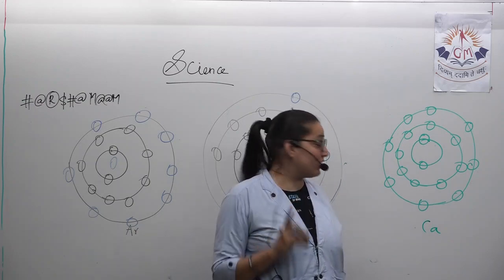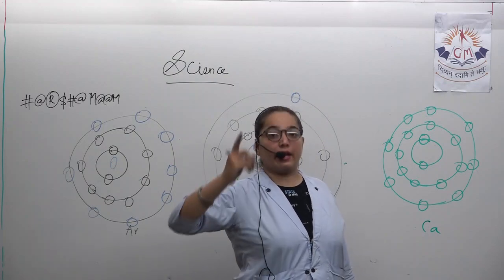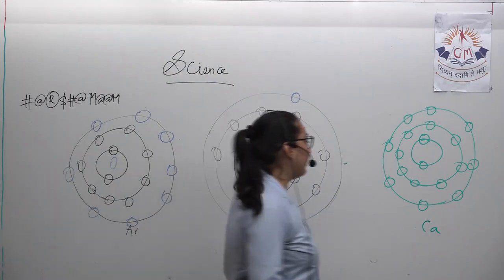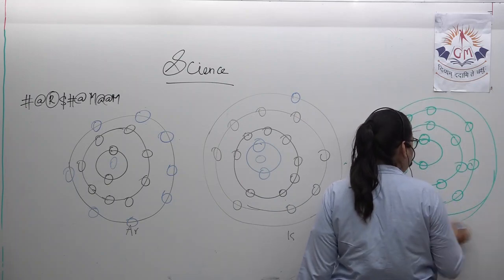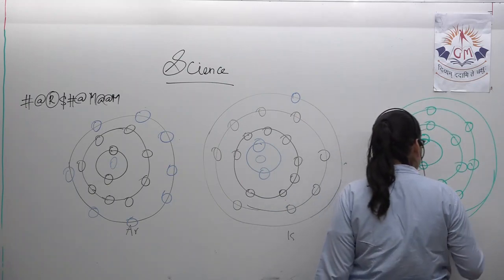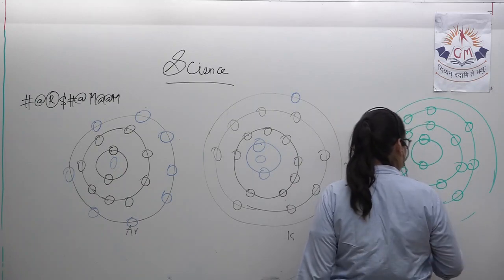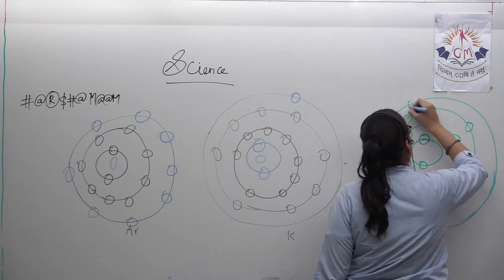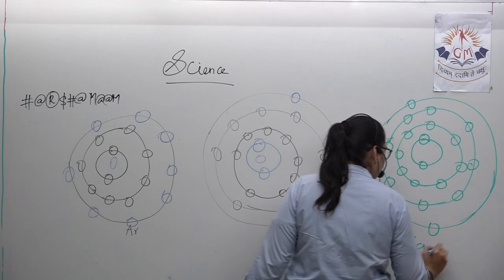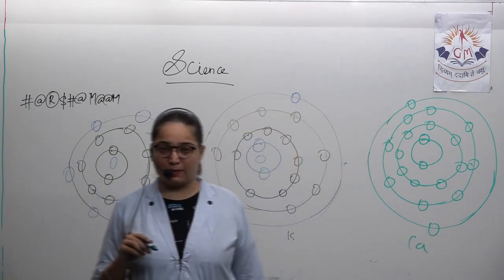The atomic number of calcium is 20. So first 2, then 8, then again 8, and then 2. So what will remain in the last orbit is only 2. This is all about the electronic configuration of 20 elements.